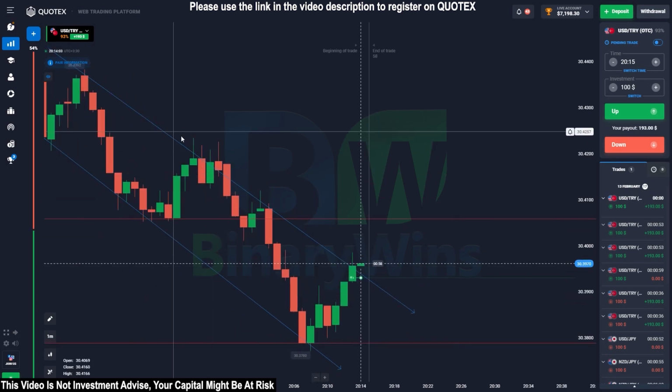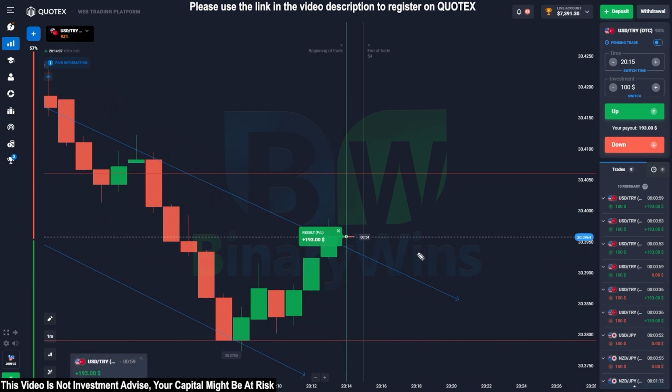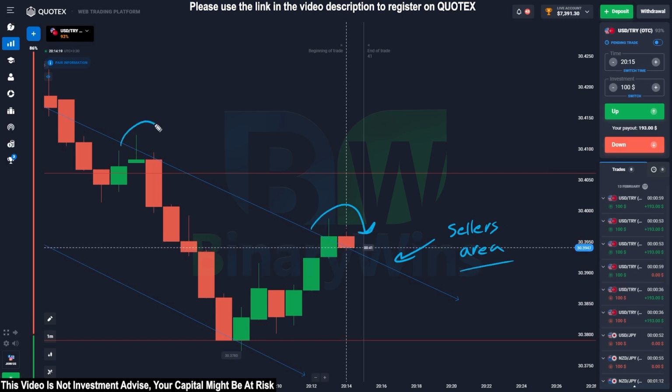Very well. If you look here, we have a trend line and a level. That is, here is a range of sellers. There is a possibility of a reversal of this trend line. Okay?